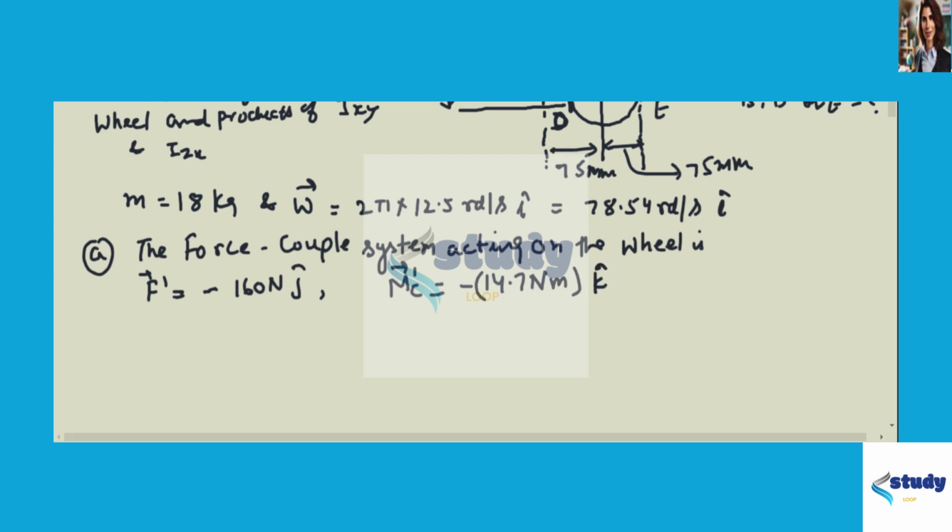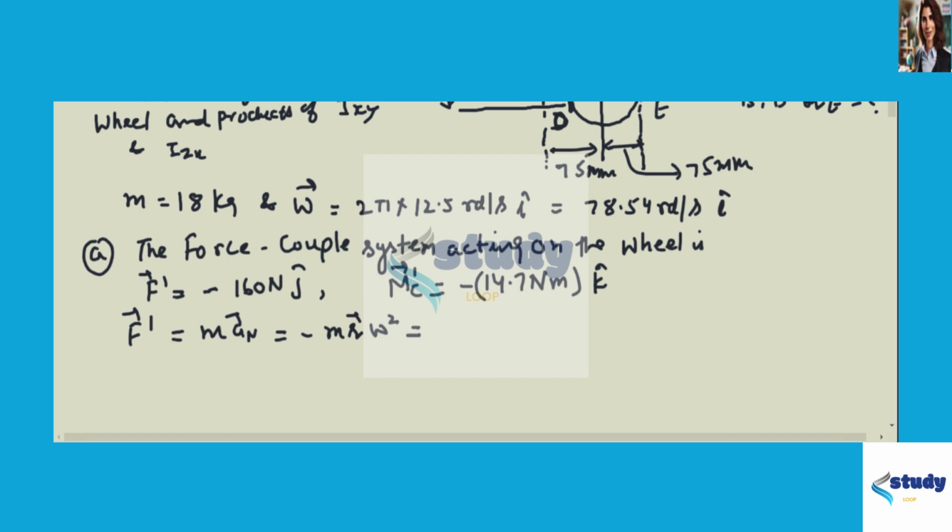That is given to us. F dash will be M into normal acceleration, which is M R omega square.